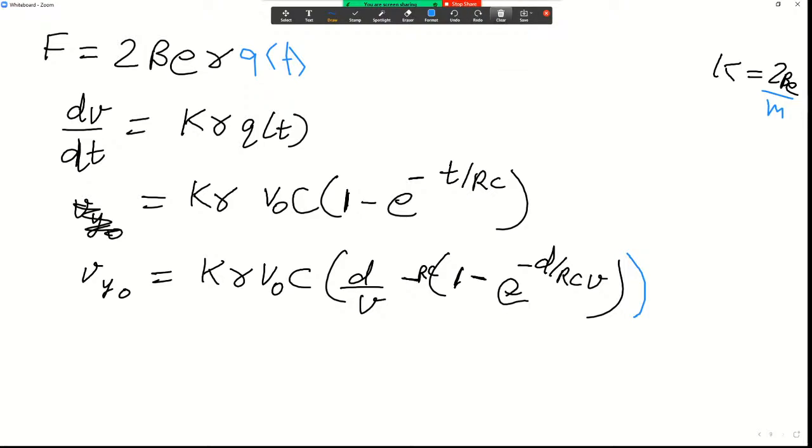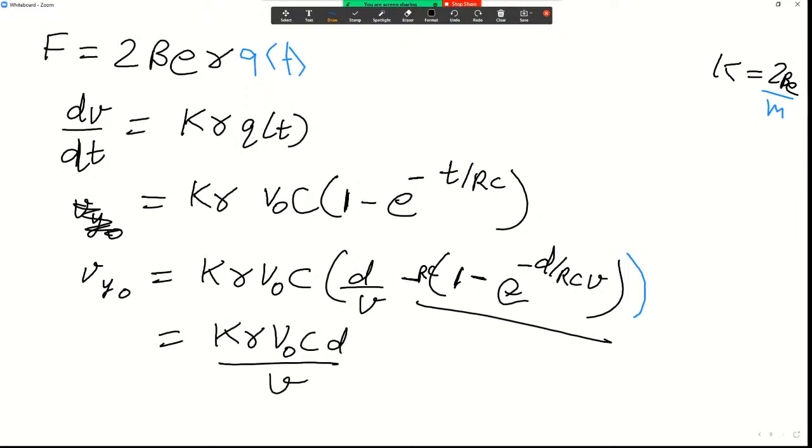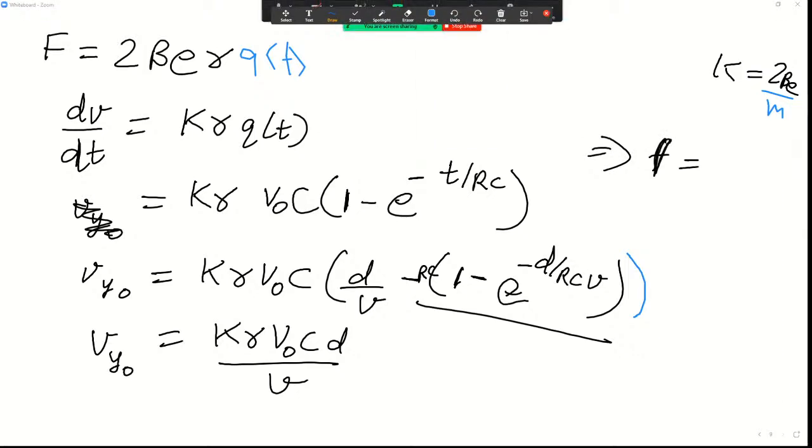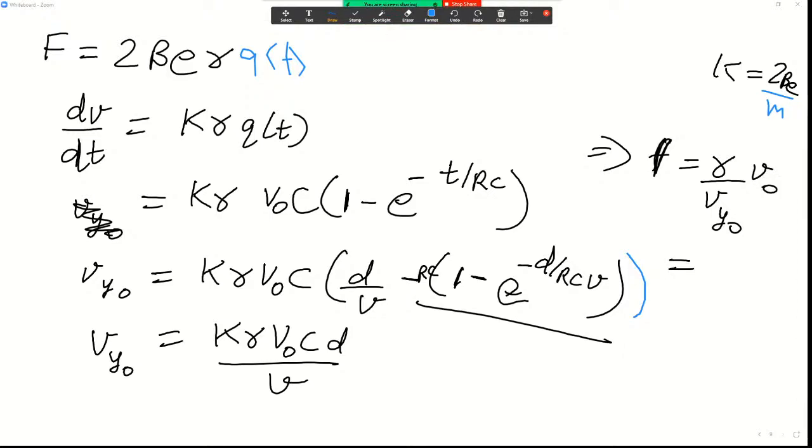So we can get, if we ignore this term, K R V naught C d by V equals Vy0. And we have focal length equals time, and time is d by V. Vy0 into V naught, which is equal to V naught.